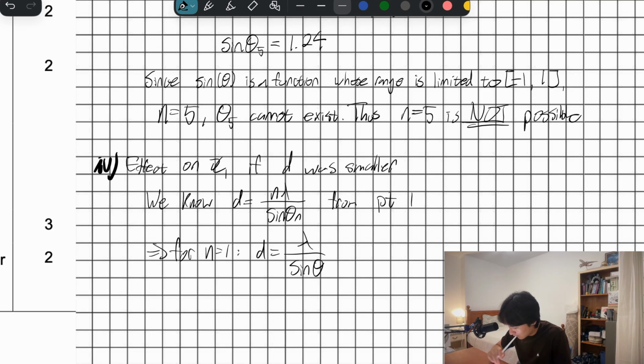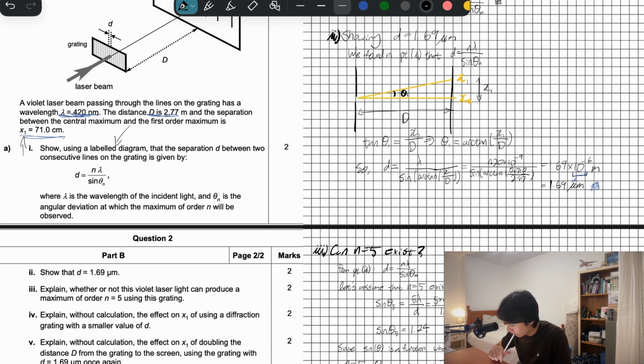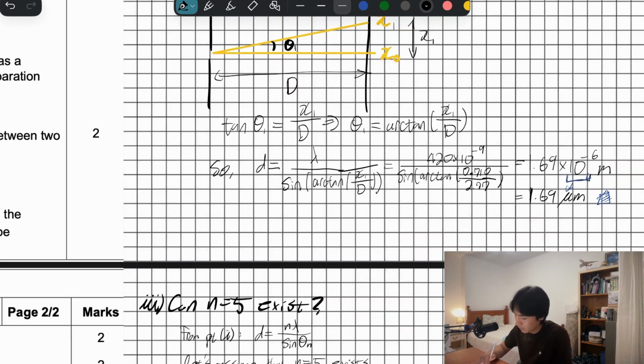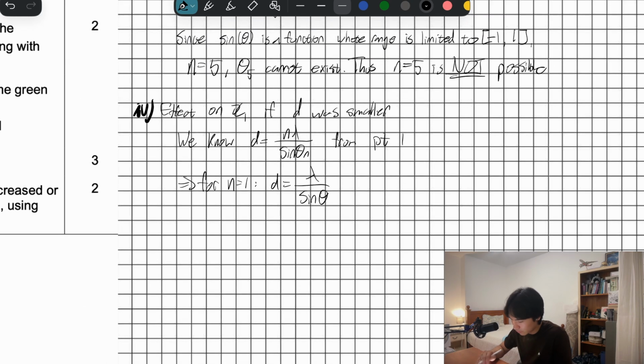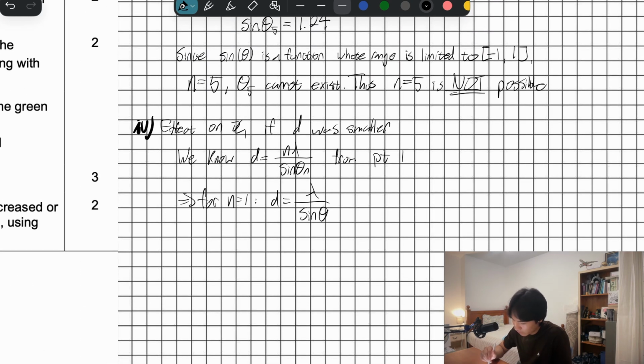Actually, we need to invoke from question 2. We need this formula here in order to just prove it. Actually, we can just invoke another property.